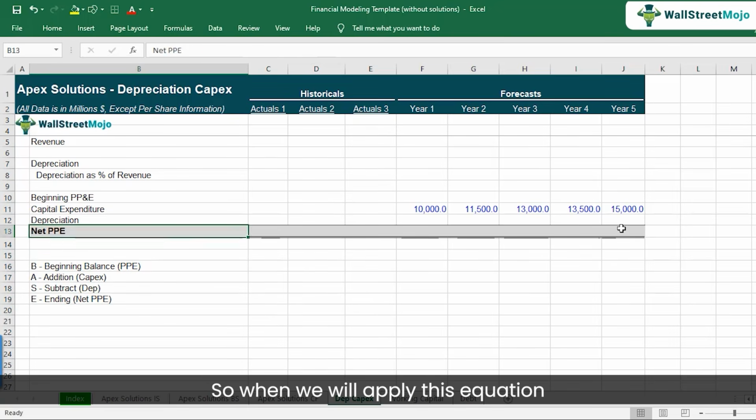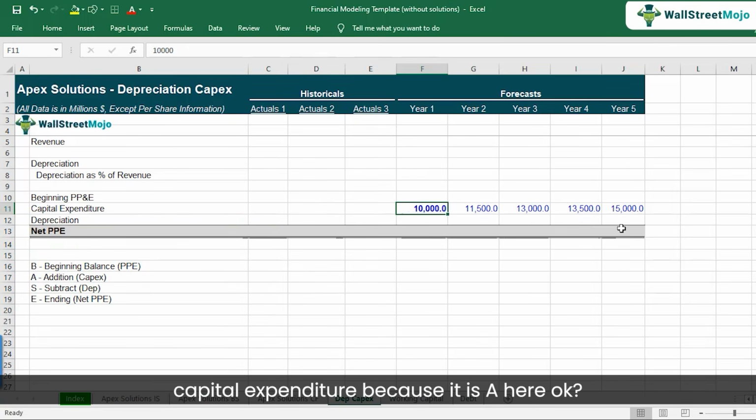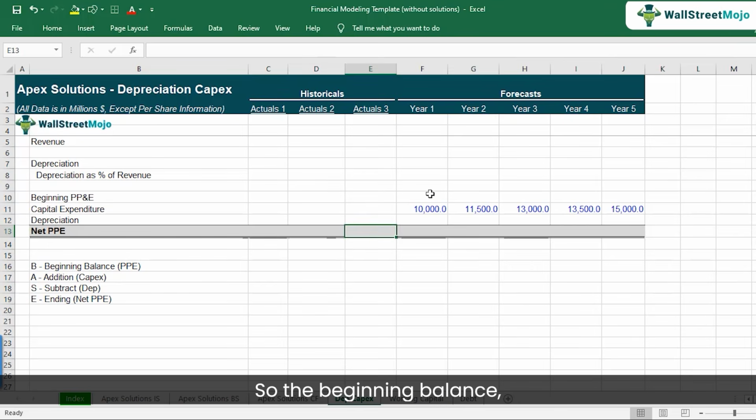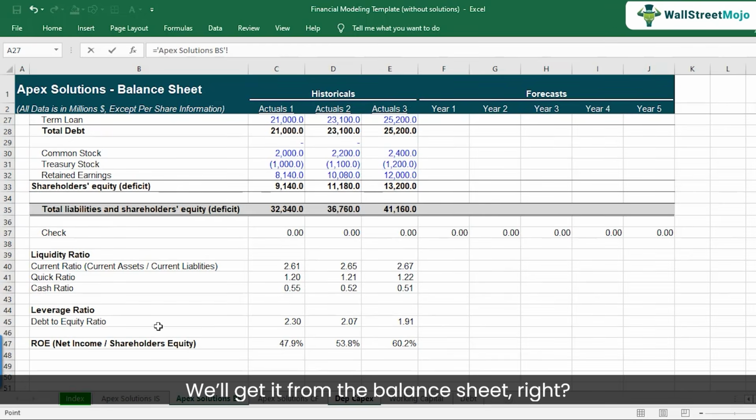When we apply this equation here, we'll be adding capital expenditure because it is A. Now what we also need is the beginning balance. The way we write the formula, we'll link this net PPE. Where will we get this net property, plant and equipment number? You'll get it from the balance sheet.